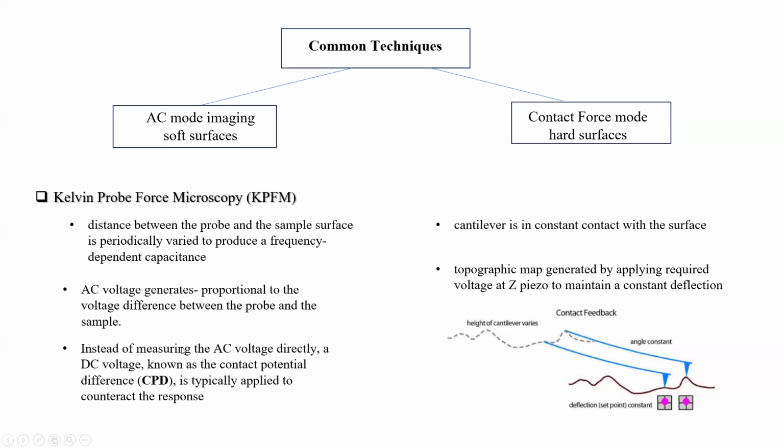So instead of measuring the AC voltage directly, a DC voltage known as the contact potential difference is typically applied to counteract the response. This contact potential difference is of actual importance. This is what is measured and will help us in whatever I'll be discussing further. So it's of good importance, I would say.